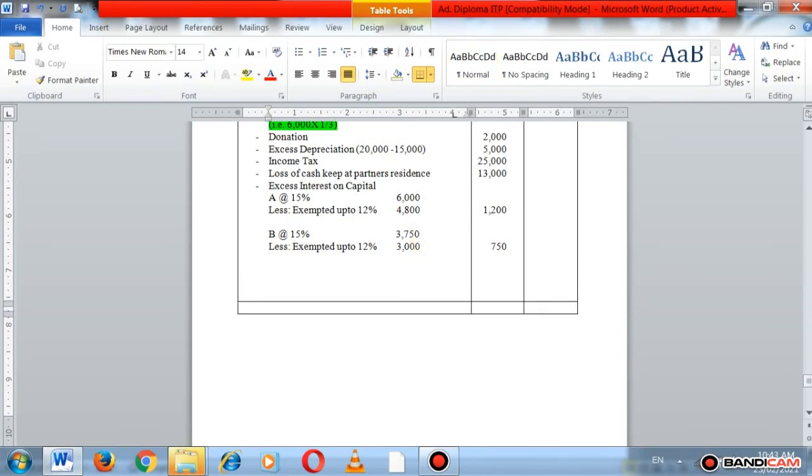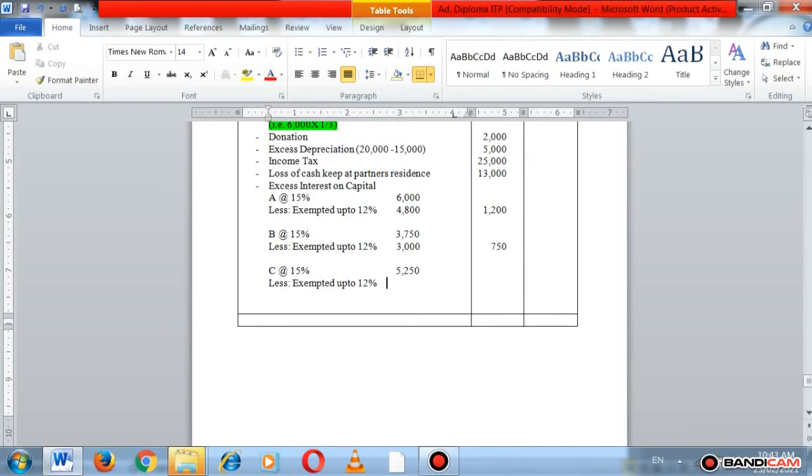Then next, C at the rate of 15% amounted to rupees 5,250, less exempted up to 12%.